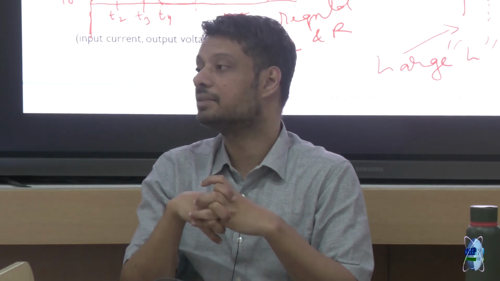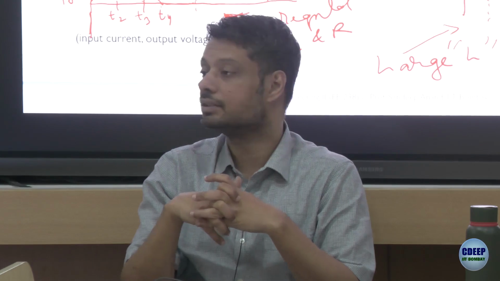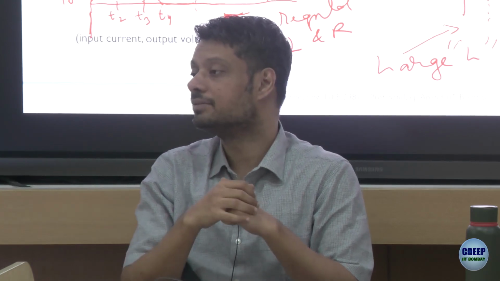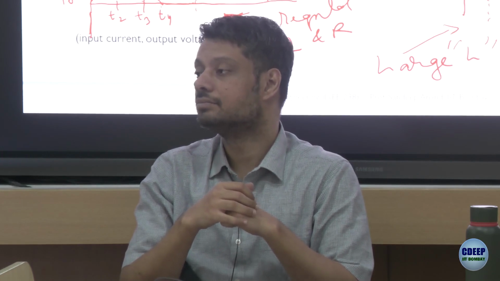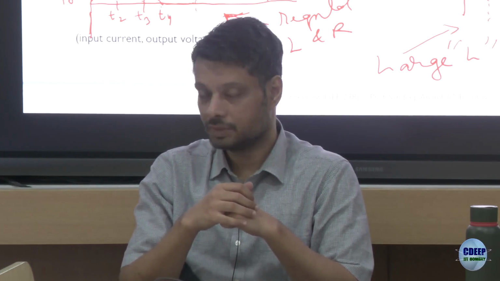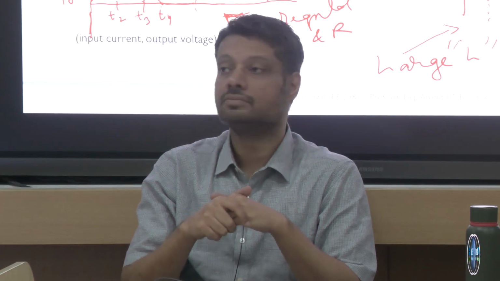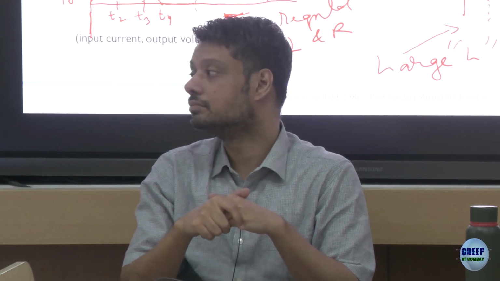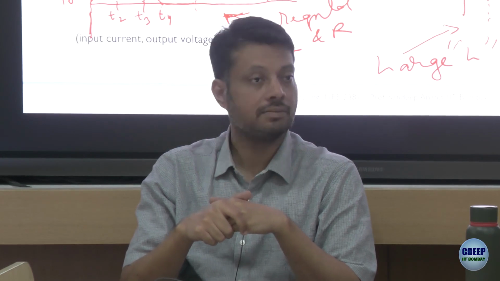Okay, so let's hear from you now. What do you think is the answer? The output would be approximately the same as E naught, and I would be... Okay. It will perfectly follow the input and the current will always be positive.